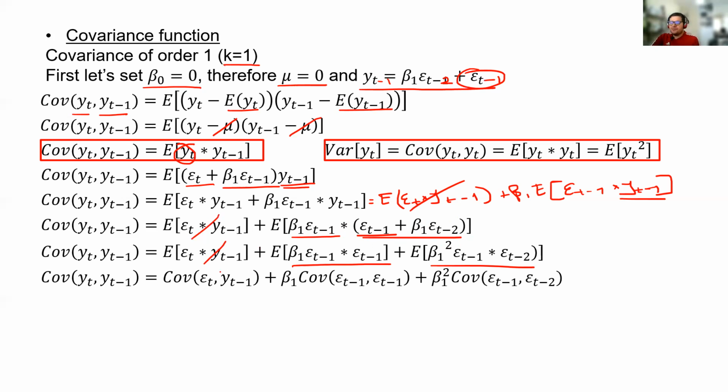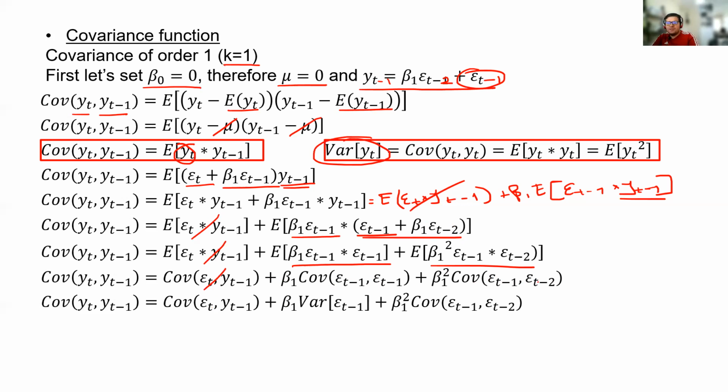We convert to the covariances. We already noticed that this will go to 0. The covariance of one variable with itself is equivalent to the variance of that variable. So this would be the variance of et minus 1, of course, times beta 1, plus beta 1 squared times the covariance between et minus 1 and et minus 2.